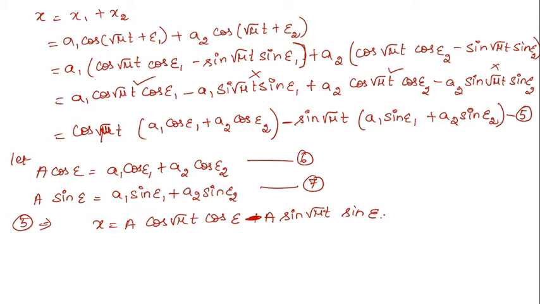Okay, so this is what we have derived as x, but now we are going to find the capital A value and tan epsilon, so that we can find the epsilon value also.